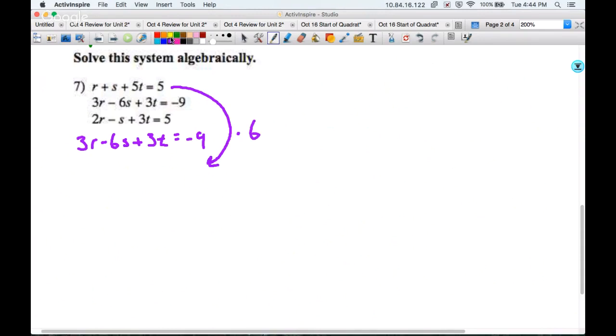This is going to get my s to cancel out, so 6r plus 6s plus 30t equals 30.